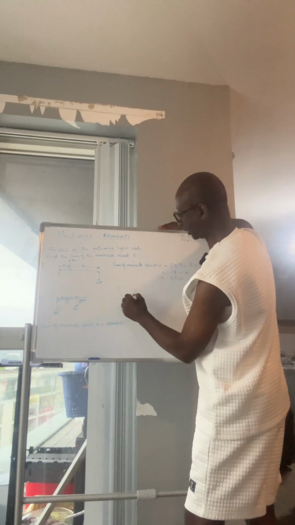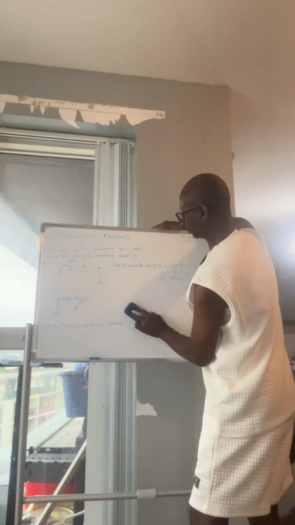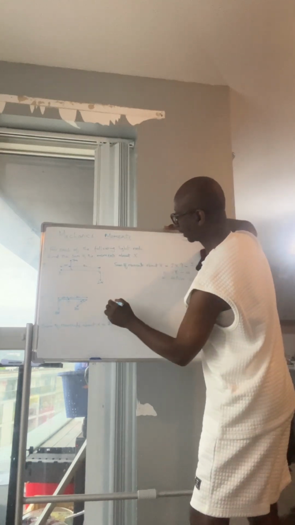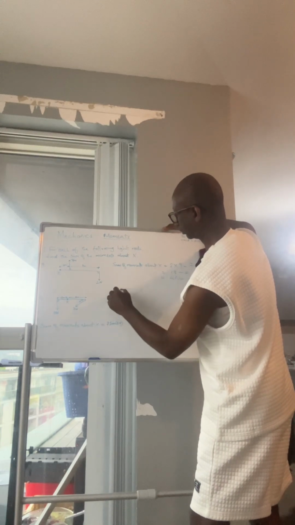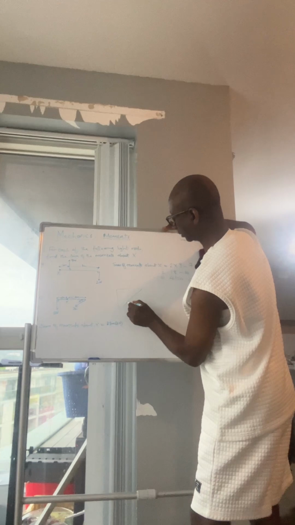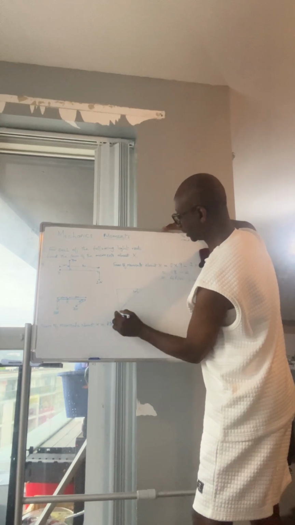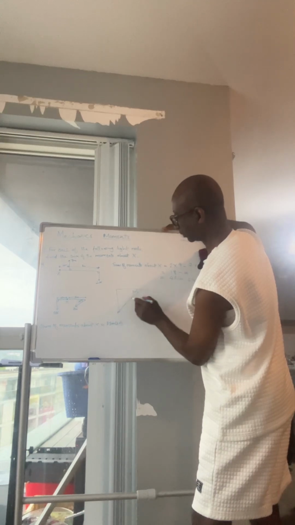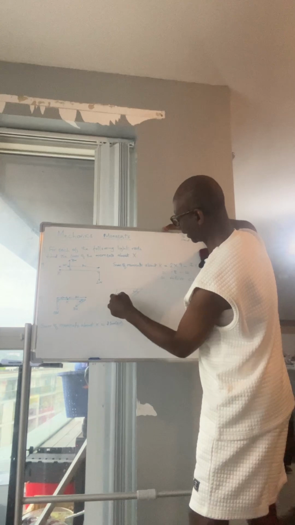Sometimes the more you explain these things, the more you confuse people. I'm trying to draw this diagram. This is your 30 degrees. Originally the force was acting here, but we've now resolved it vertically.